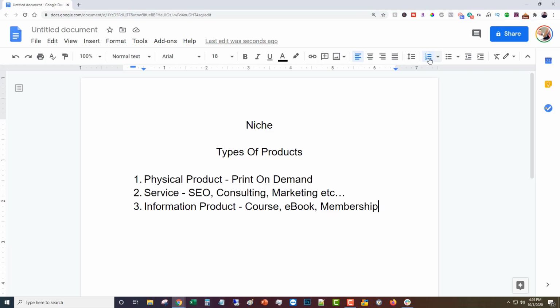Information products are good because they are evergreen, meaning that you can keep selling the same product over and over again, and they don't have a huge barrier to entry. If you know how to do anything, you can turn that into an information product. If you don't know how to do anything, well, we may cover that specifically in a later video.